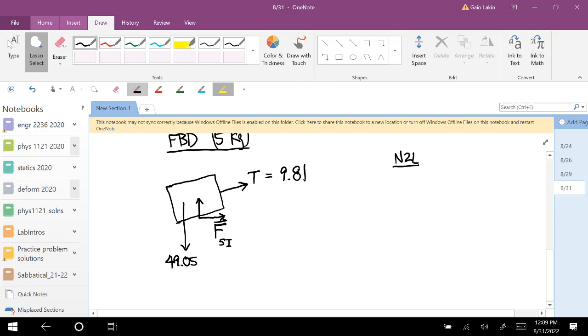So Newton's second law says 0, negative 49.05 plus F5i x and y components plus, so now we have to figure out the angle of this cable force.